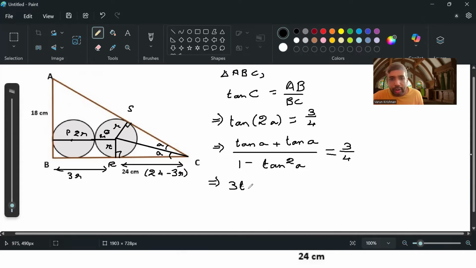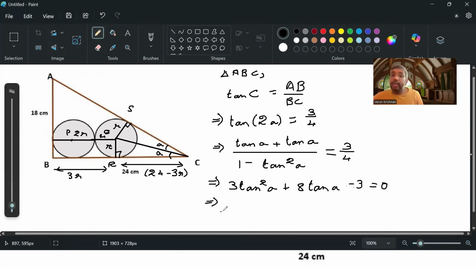The quadratic equation will say 3 tan square A plus 8 tan A minus 3 will be equal to 0.